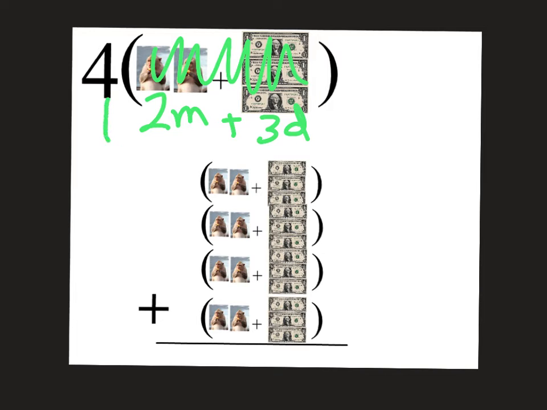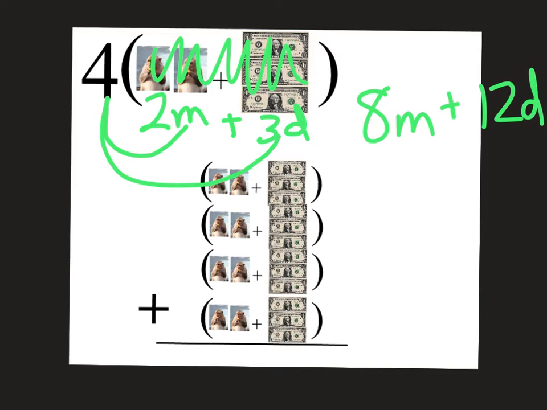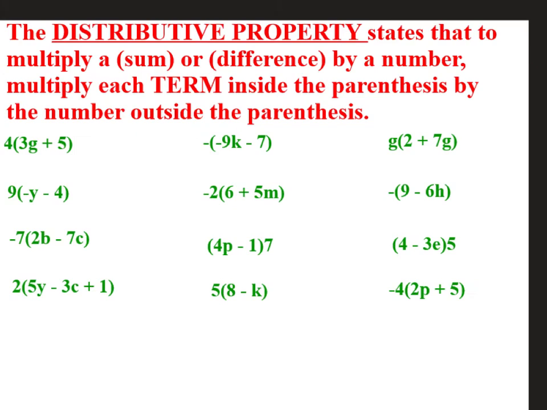And that you could find by taking 4 times 2M, which is 8M, and then taking 4 separately times 3D, which is 12D, and then you'd still have both of those, so you put the addition sign back. What we've done is we've taken each term, each different group, and multiplied it by that number on the exterior of the parentheses or of the grouping symbol.